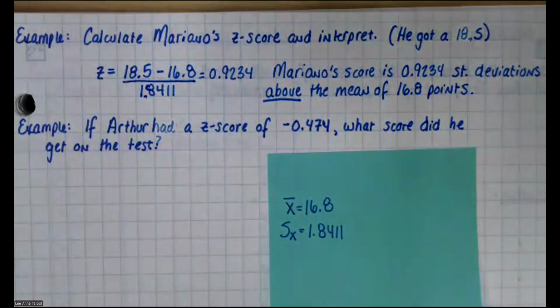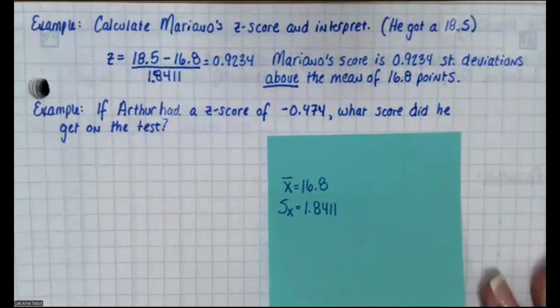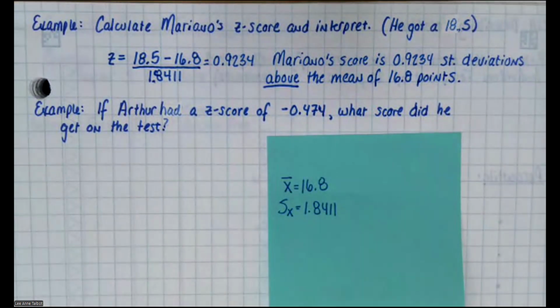Okay, so there's your interpretation. Mariano's score is 0.9234 standard deviations above, and it's above because it's a positive number, the mean of 16.8 points.